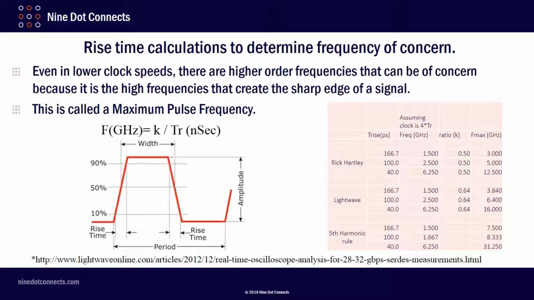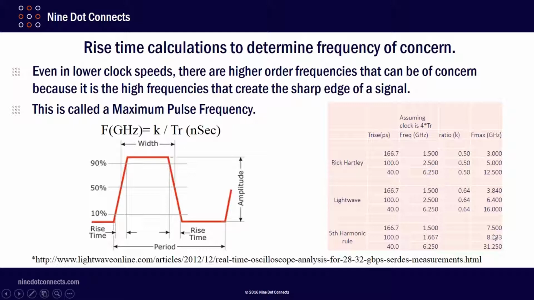And in my estimation, if you're using low clock frequencies and you're worried about rise time being the dominant feature, then use 0.64. You can see the consequence up here is the greater frequencies of concern are even higher. Now, going back to the frequency content of just a square wave at those same frequencies, you can see that the fifth harmonic rule shows even greater frequencies of concern.